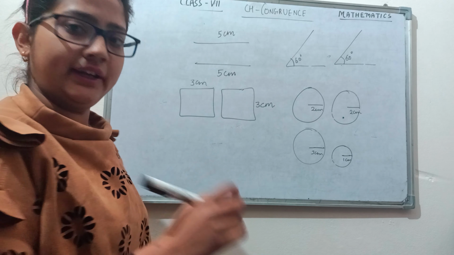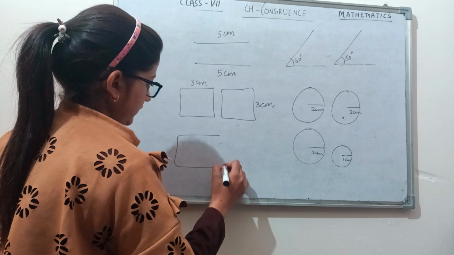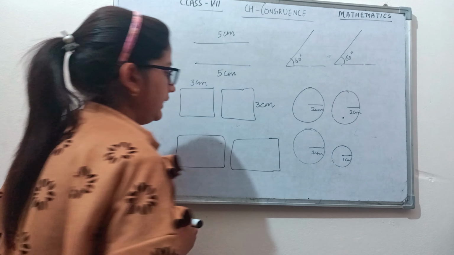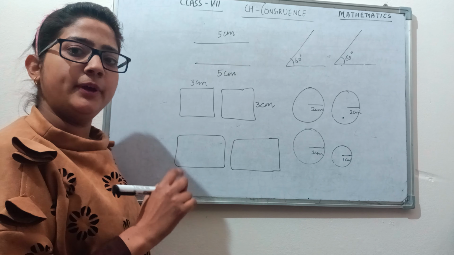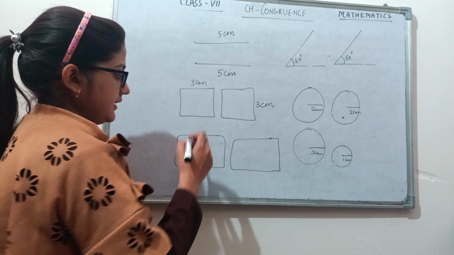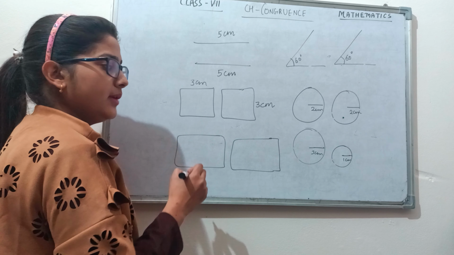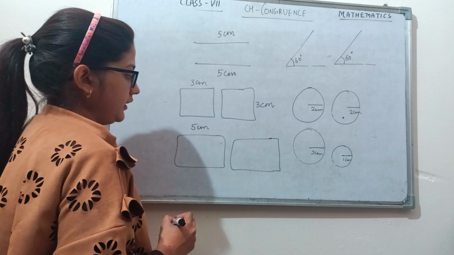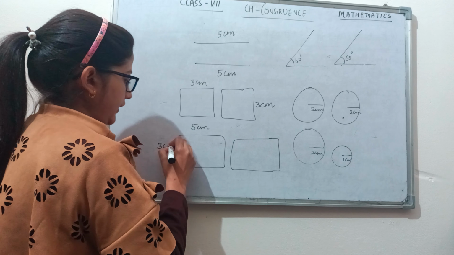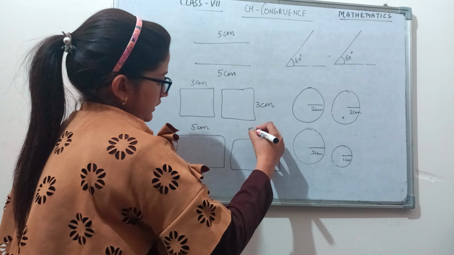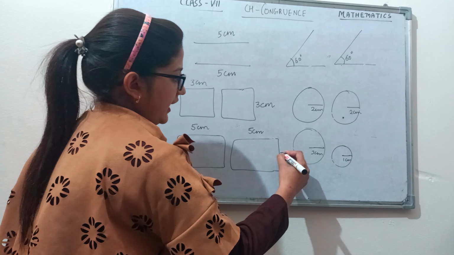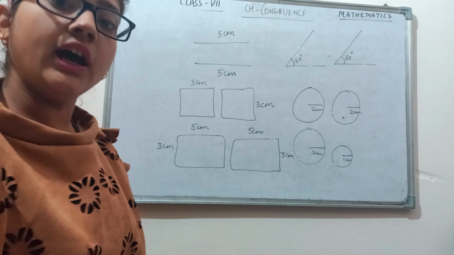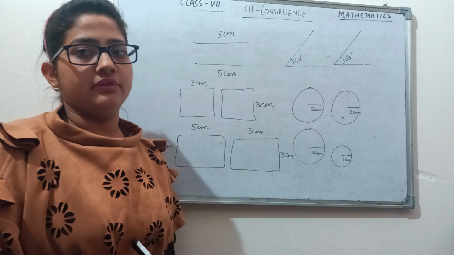Two rectangles are congruent if they have the same shape and same size, means they have the same length and breadth. For example, length is 5 centimeter and breadth is 3 centimeter. Again, the length of this rectangle is 5 and breadth is 3. Then these two rectangles are congruent.